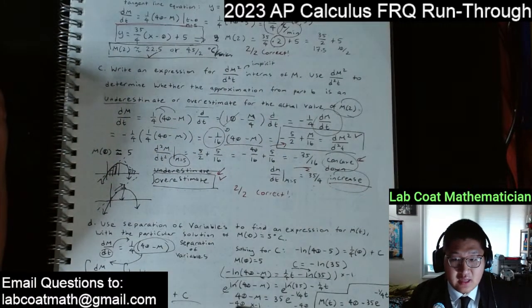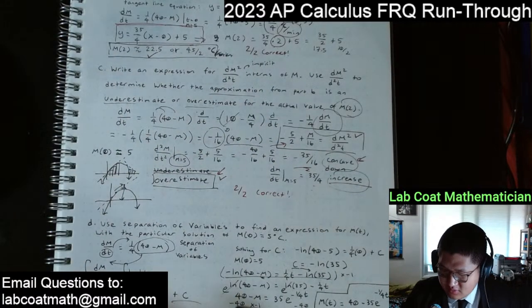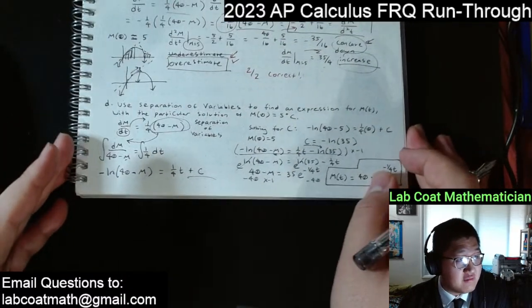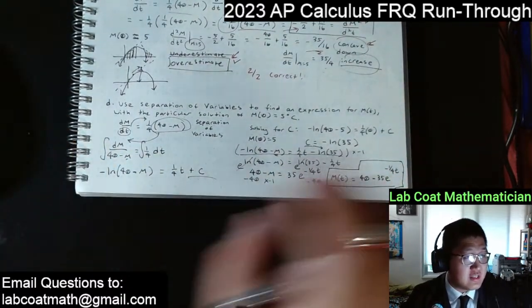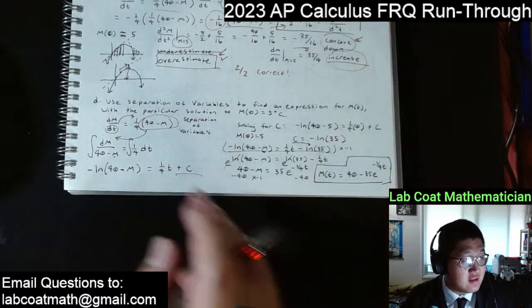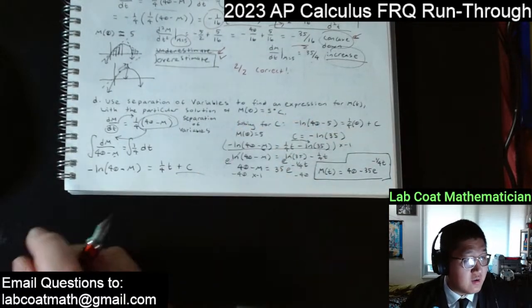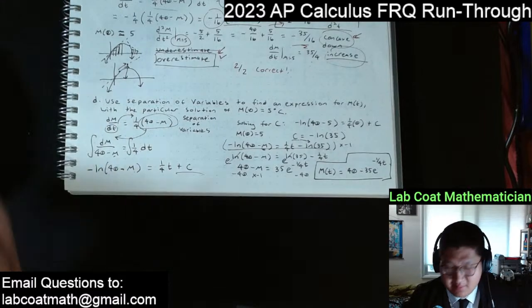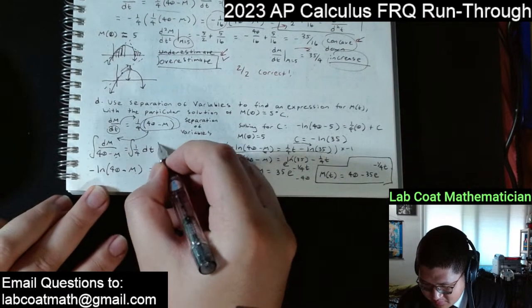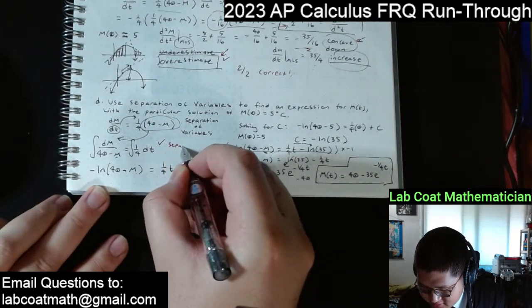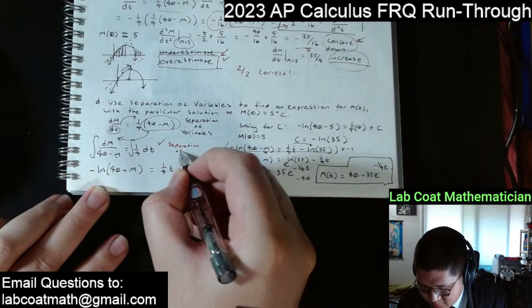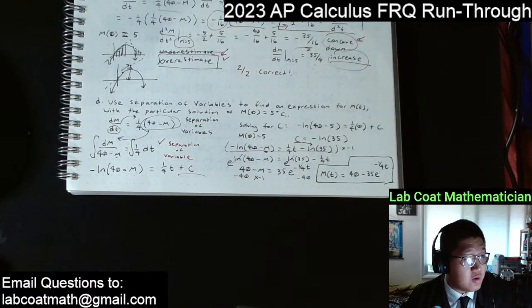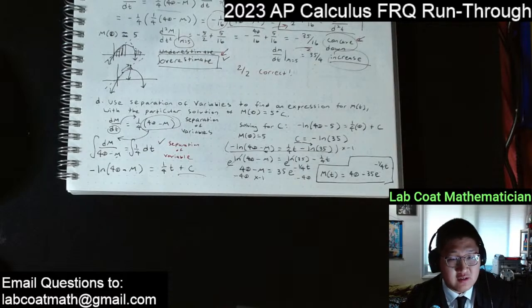Lastly, let's go into our part D, in which we are using the separation of variables to determine the m of t function entirely, starting with the explicit solution of m of 0 being equal to 5. Of course, they want to show that we are doing separation of variables, with the m's going all to one side and the coefficient weighting there with dt.